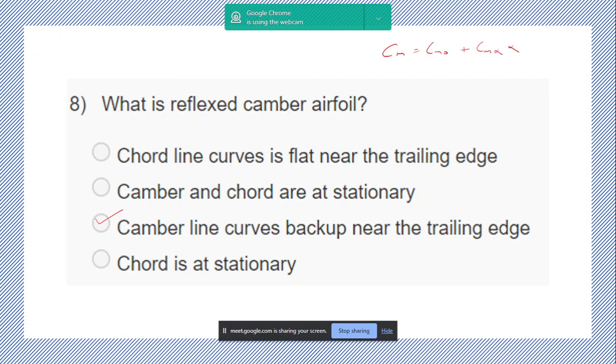The only condition for static longitudinal stability is that Cm alpha should be less than 0. Cm naught greater than 0 is not a condition for static stability. There was another reason. What is the other reason?